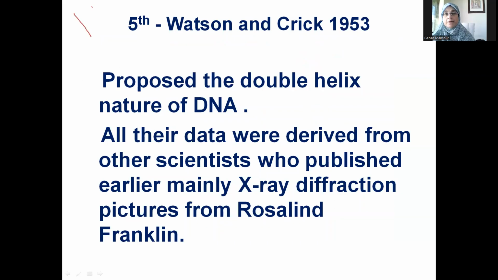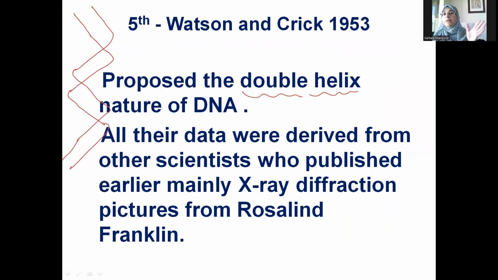She proposed that the DNA molecule is made of two strands, and that those two strands are wound or coiled around each other in a helical manner, and that's why she called it a double helix. All the data that were later on said about DNA were based mainly on this X-ray diffraction picture of Rosalind Franklin.